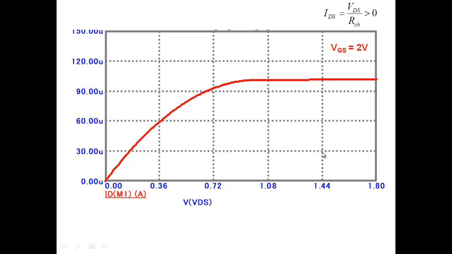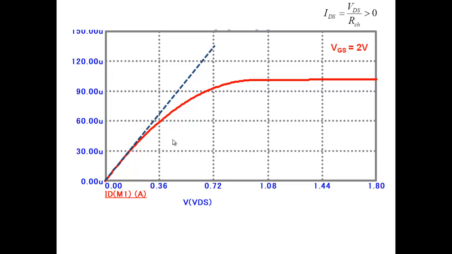This shows the current in the MOSFET. This is the drain current, plotted versus the drain to source voltage here. And note how the current flows. Note that a straight line would have implied what? A constant resistance.